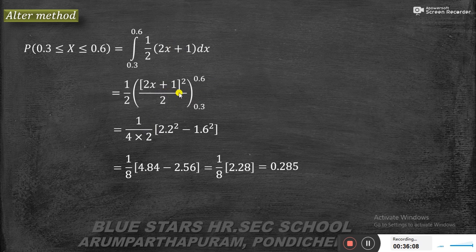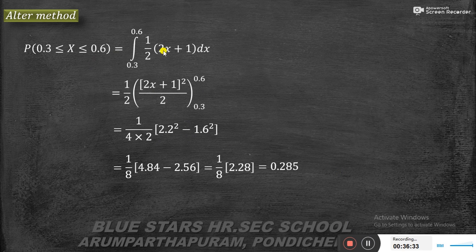Therefore, the next step is 1 by 2 into 1 by 2, which gives 1 by 4 with 2x plus 1 whole square. I substitute the upper limit, 2 into 0.6 plus 1, minus the lower limit, 2 into 0.3 plus 1.